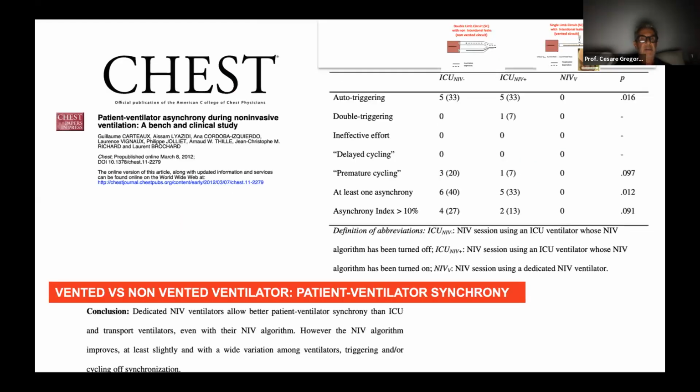In 2010, Carteaux and Laurent Brochard did a very interesting study. They compared ICU double circuits with NIV software and without NIV software, to a vented configuration, an old respiratory configuration with no valve.